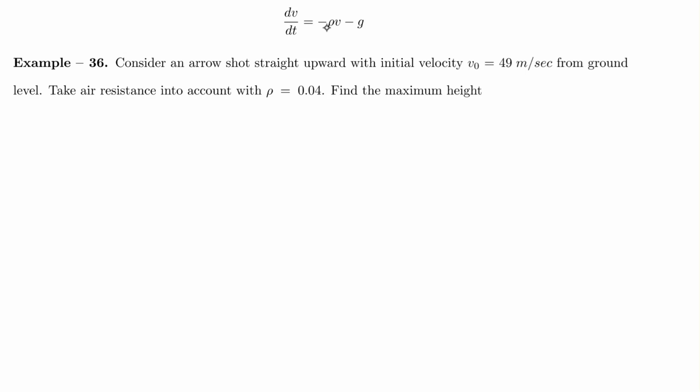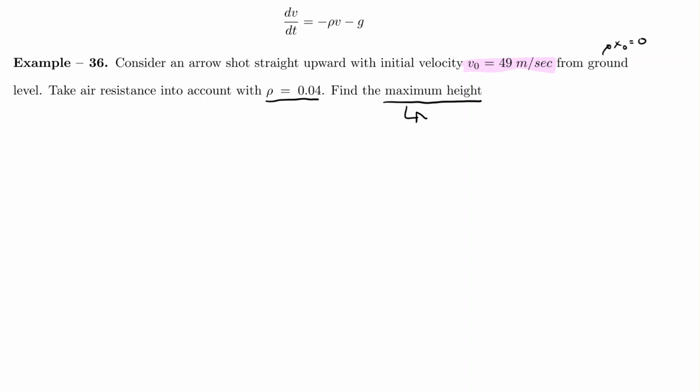So as we look through this next example, 36, it says consider an arrow shot straight upward with the initial velocity of 49 meters per second from the ground. So when they tell us from the ground, we know our initial position is also 0. Now the air resistance that we're going to consider gives us a rho of 0.4. Find the maximum height.